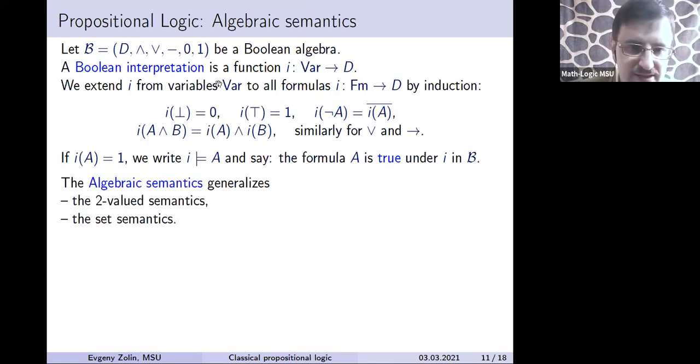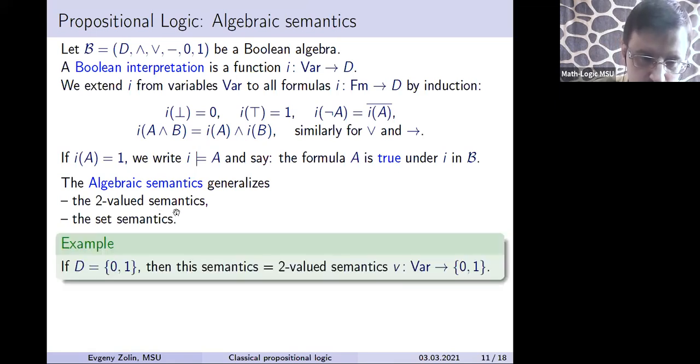And so we see that this algebraic semantics generalizes two semantics we already considered, the two-valued semantics with zeros and ones. Because if D consists of simply the two elements 0 and 1, and these operations and, or, not are the usual ones, like in the two-valued semantics, then we exactly obtain the two-valued semantics. So this interpretation function is just the same as the usual valuation.